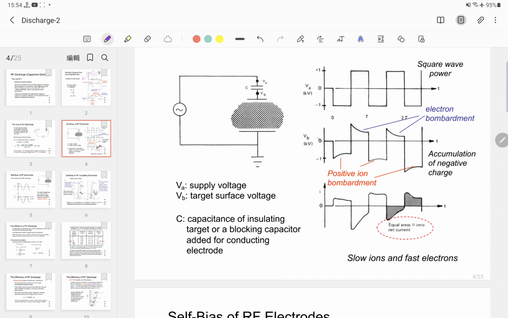And we also need to know the potential, or the sheath voltage, on the surface of the insulating material.